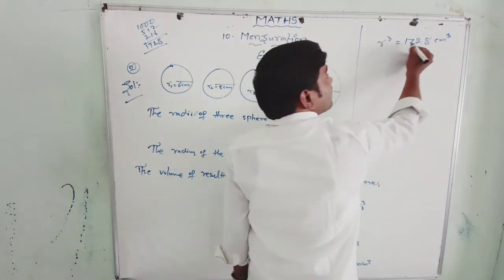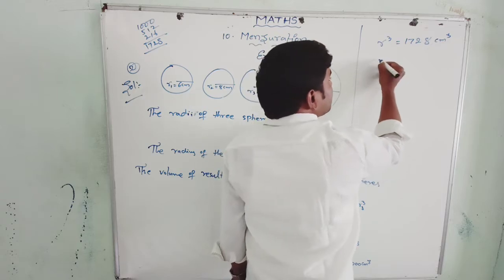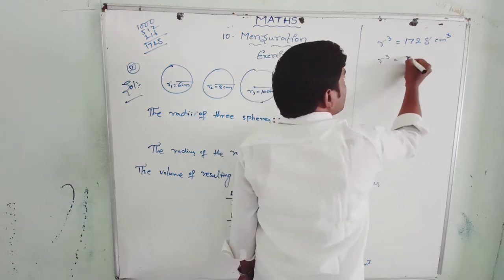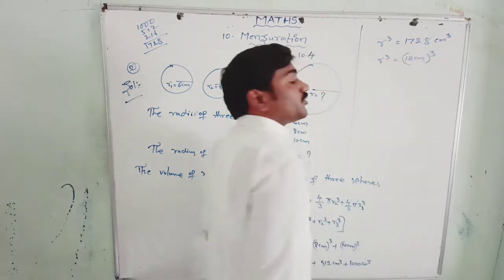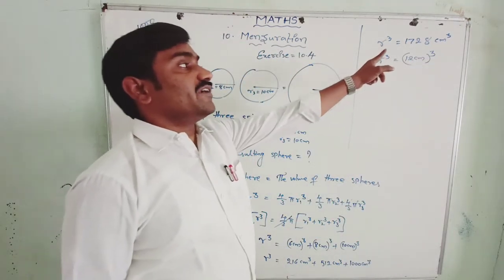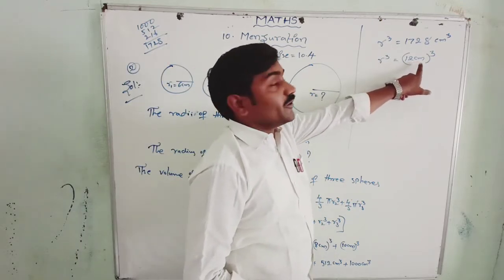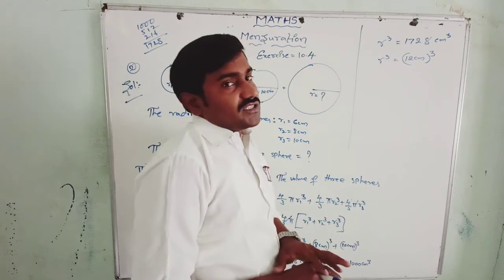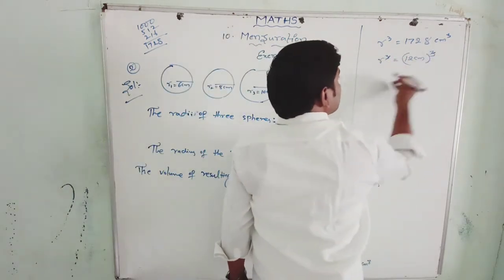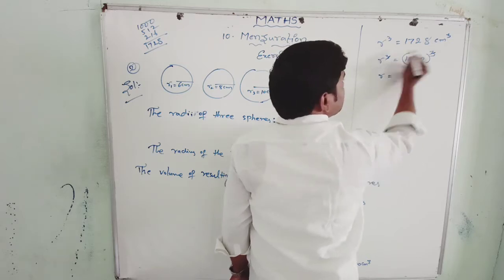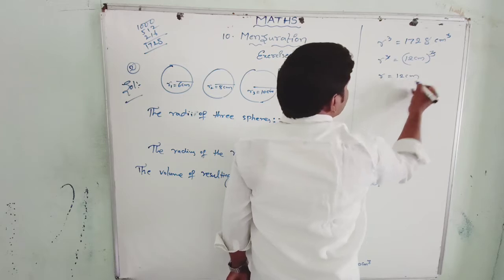So here 1728 centimeter cube we can write as 12 centimeter whole cube. 12 cube is 1728, 12 into 12 into 12 gives you 1728. So both sides will cancel the cube. Then when exponents are equal, bases are also equal. So r equals 12 centimeter.